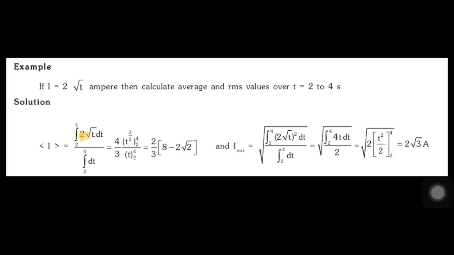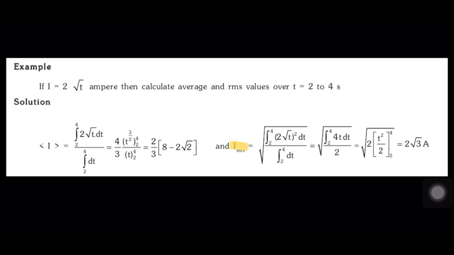After that, in the denominator part, it is just integral over dt. Integral over dt is t only within the limits 2 to 4. Applying the limits, you know how to apply limits, which is first substitute upper limit, then substitute lower limit. Upper limit minus lower limit, you get the answer 2 by 3 into 8 minus 2 root 2. And that is what the average current is.